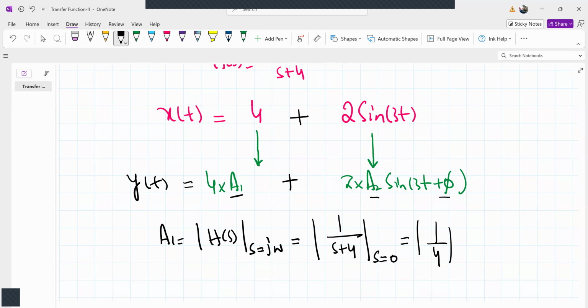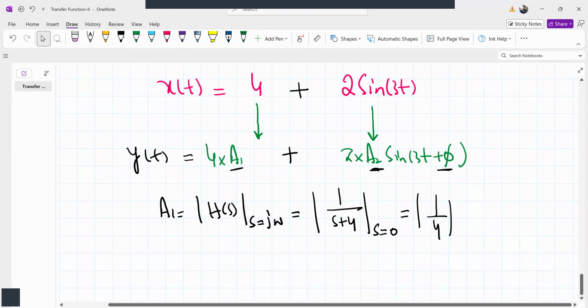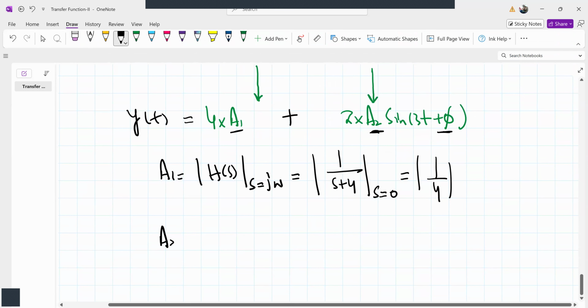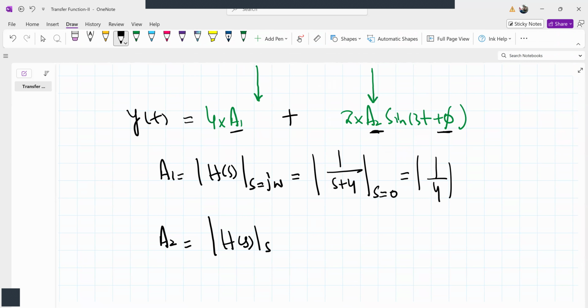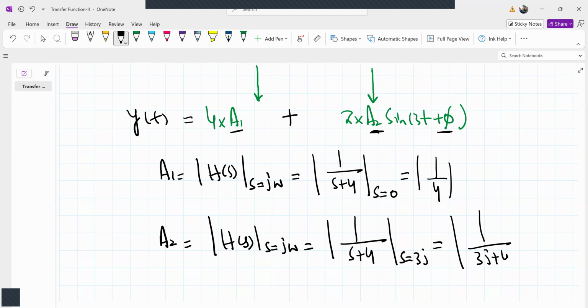Similarly, you know how to find A2 and phi here. A2 is the magnitude of H of s, where s is replaced by j omega. What is omega here? Omega here is 3, so s is 3j. If I substitute it here, it will be 3j plus 4.